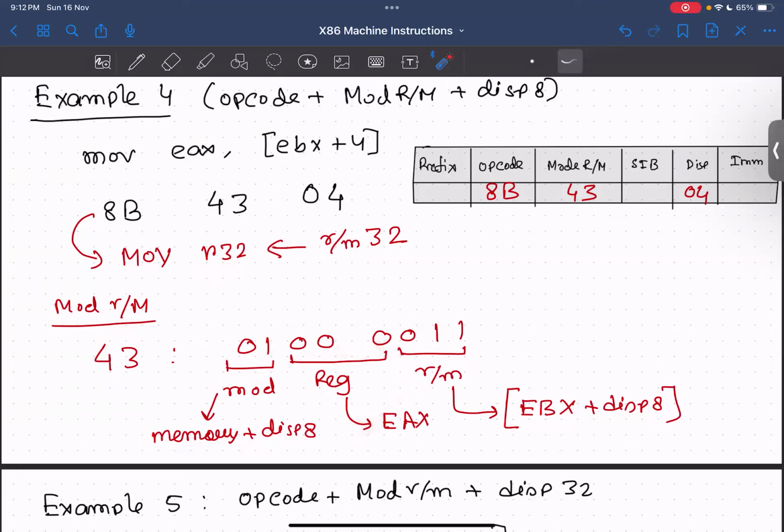That means EAX. And the source is represented by 011. That means, if you remember, 011 was the EBX register, and now I have a displacement 8 attached to it. That means this whole thing should represent EBX plus displacement 8. So that is how I know the next byte is supposed to go into displacement, because of this 01 mod R/M setting. Make sense? Okay.